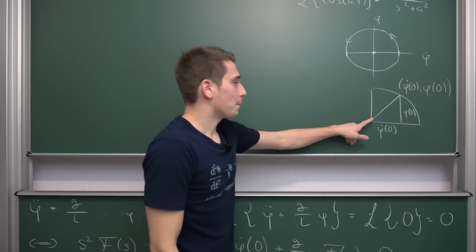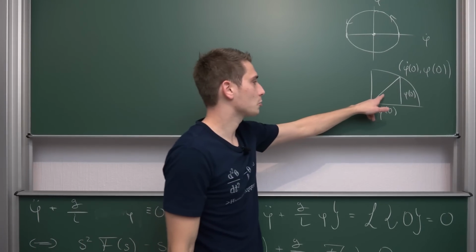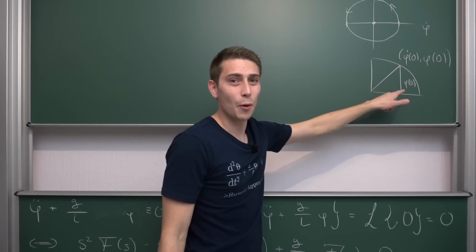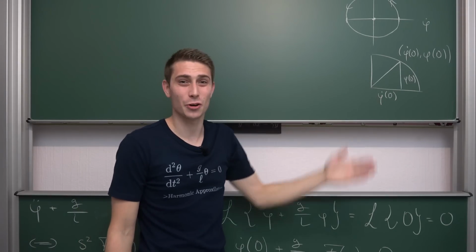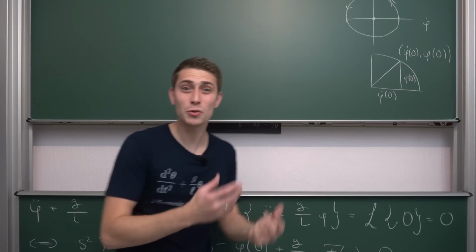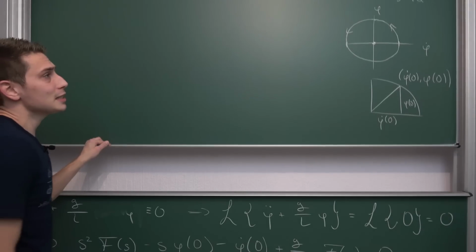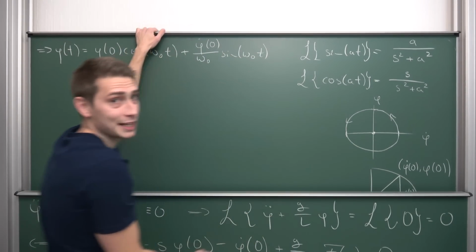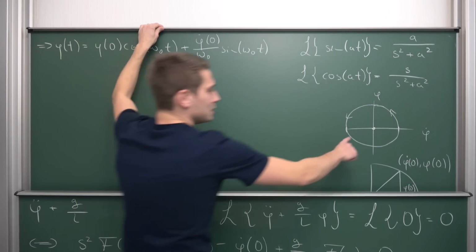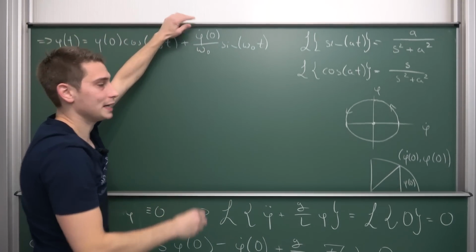Now the thing is, our hypotenuse is going to be kind of weird right now, because it is going to be the square root of phi of 0 plus phi dot of 0, but this doesn't fit with our dimensional analysis, so the units would be weird. You can check this with the units. So what we are going to do instead is manipulate our phase plane a tiny little bit more and say that on this axis we are going to have phi dot of 0 divided by omega naught.